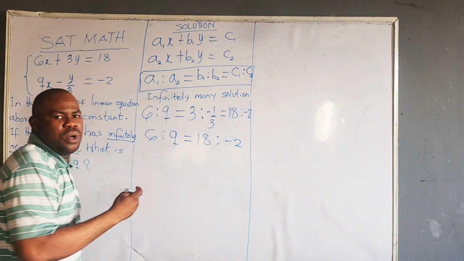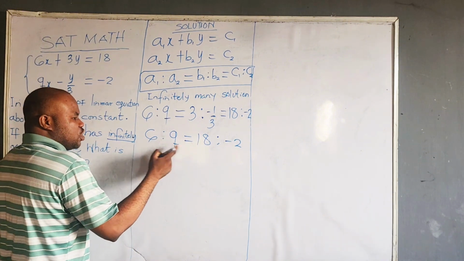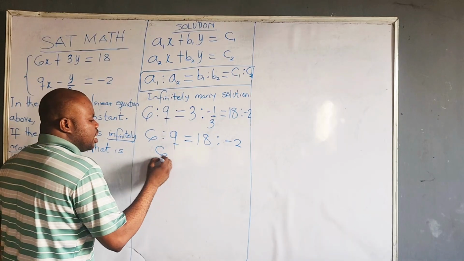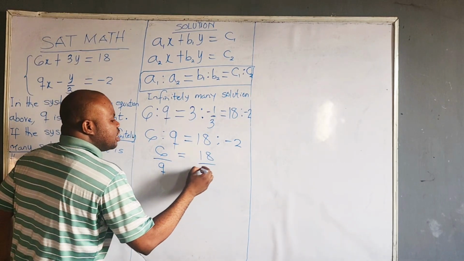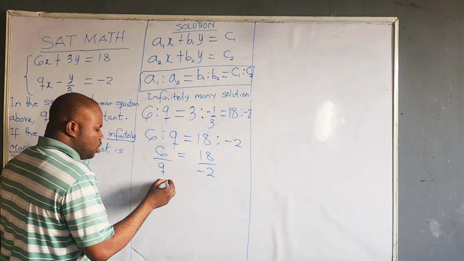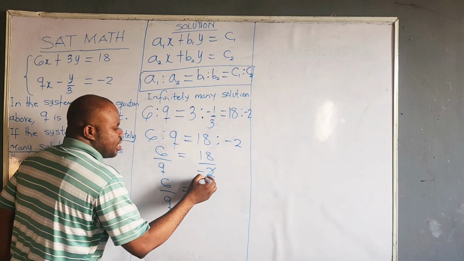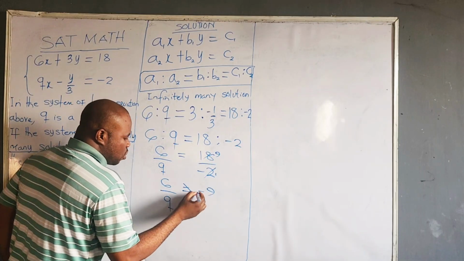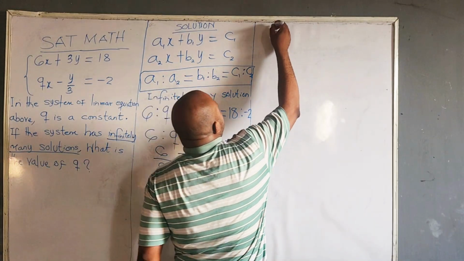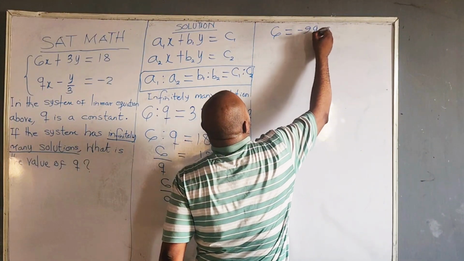Now we know that ratio is the same as division. So 6 divided by q equals 18 divided by minus 2, which is minus 9. If I cross multiply, I'll have 6 equals minus 9q.